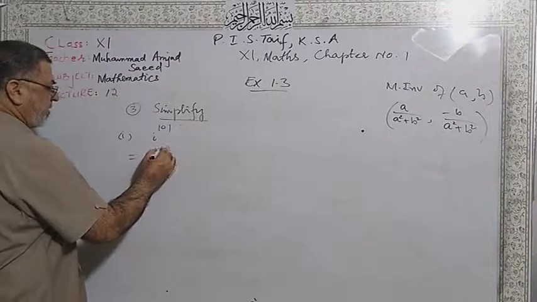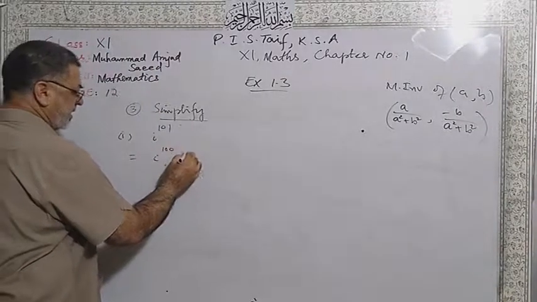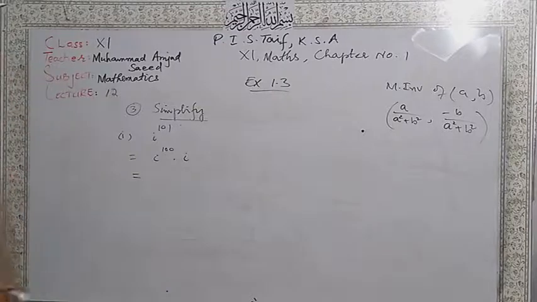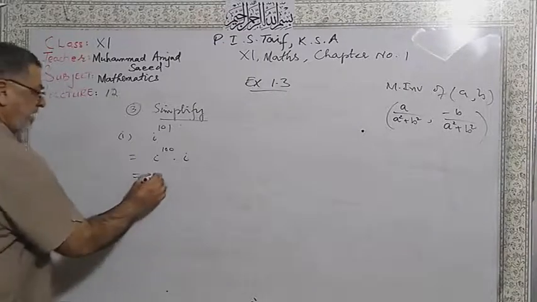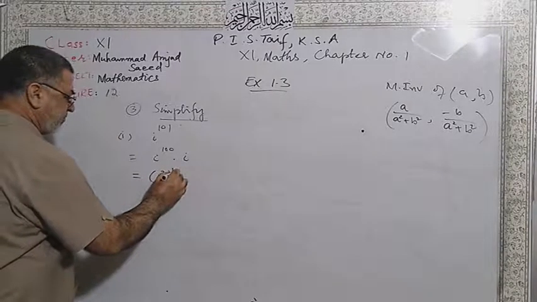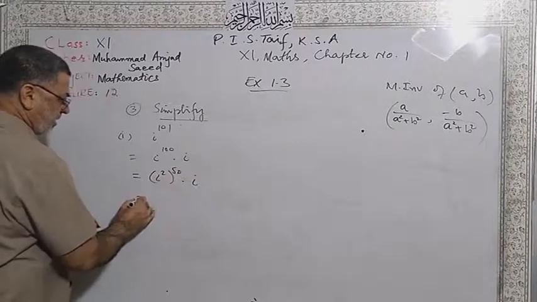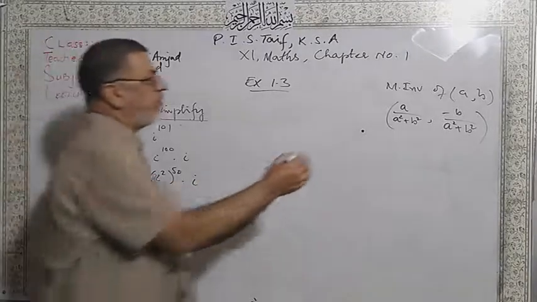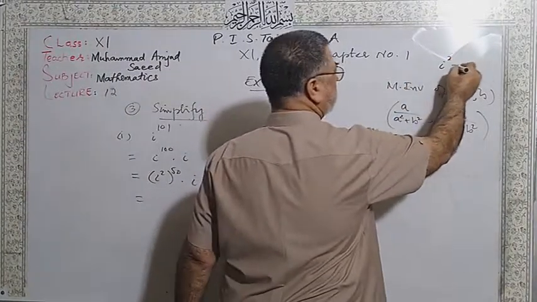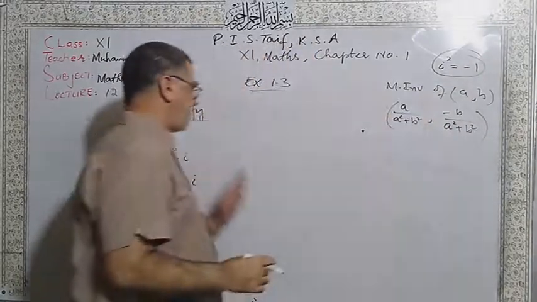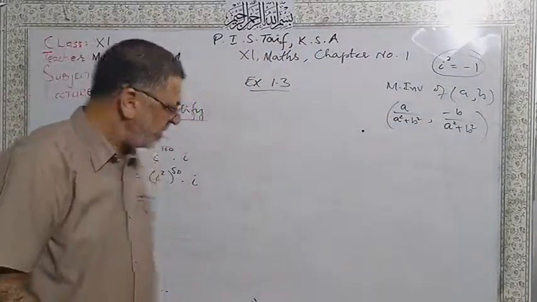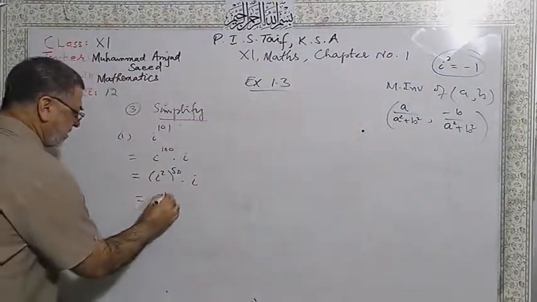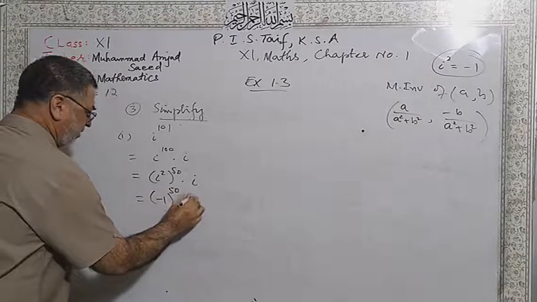So iota 101 can be written as iota 100 into iota, because iota 100 can be written as (iota square) power 50 into iota. You know the value of iota square is -1, and we are using this value here. After that, this is (-1) power 50 into iota.